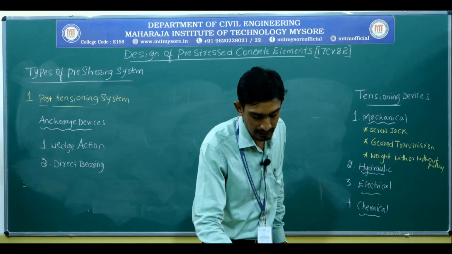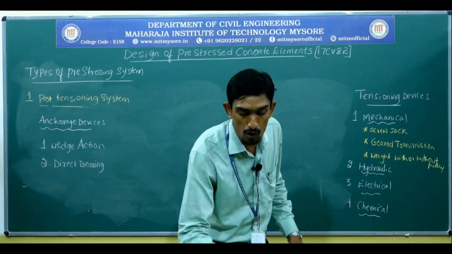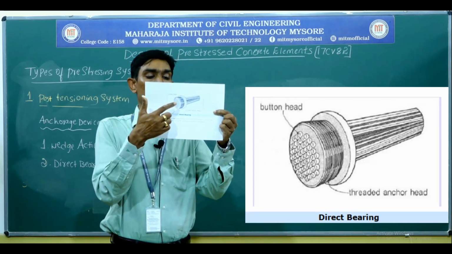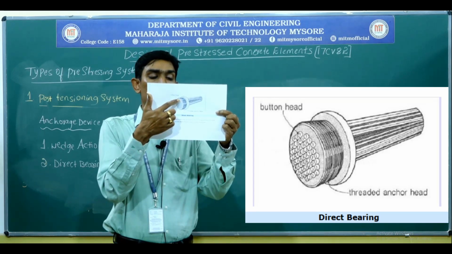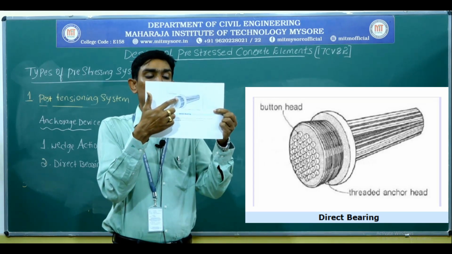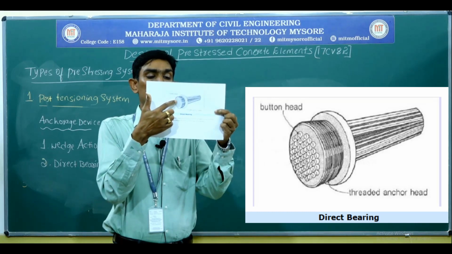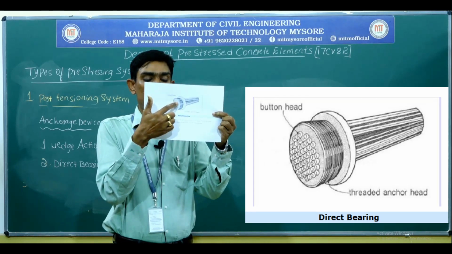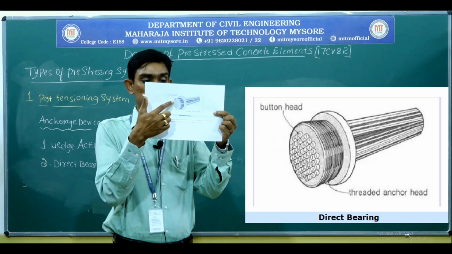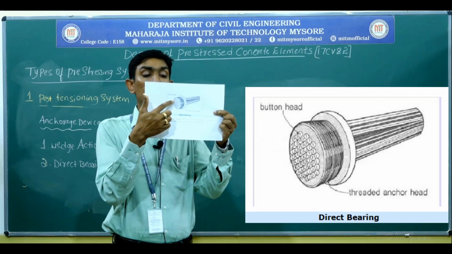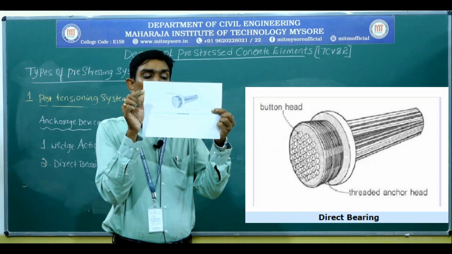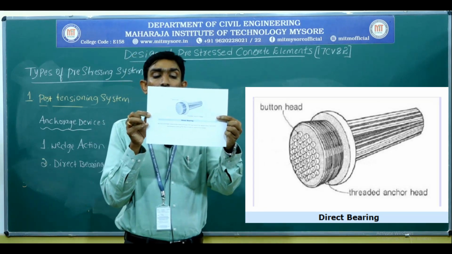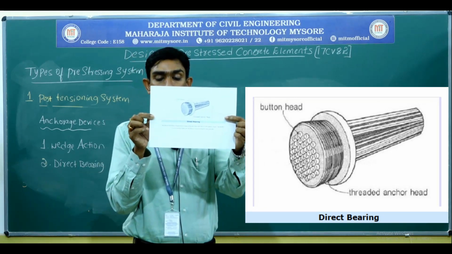Now, instead of going with the wedges, you can see here the tendons that have been stretched, and the entire number of wires will be buttoned. That means they will be riveted or bolted. All the ends of the wires will be buttoned. This is one more method of anchoring, called the direct bearing system.